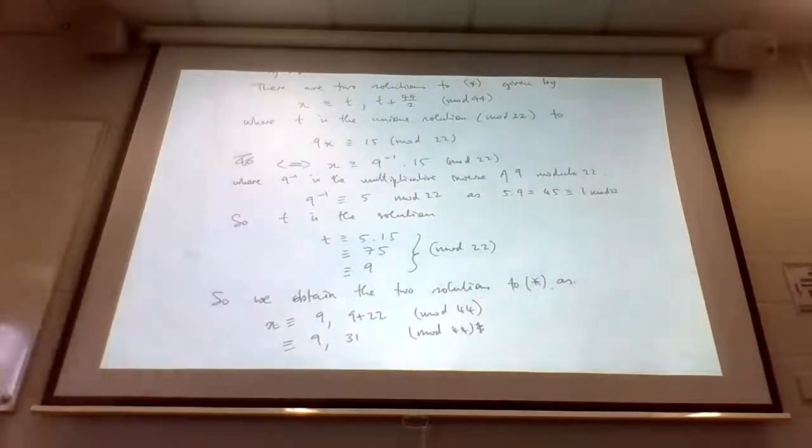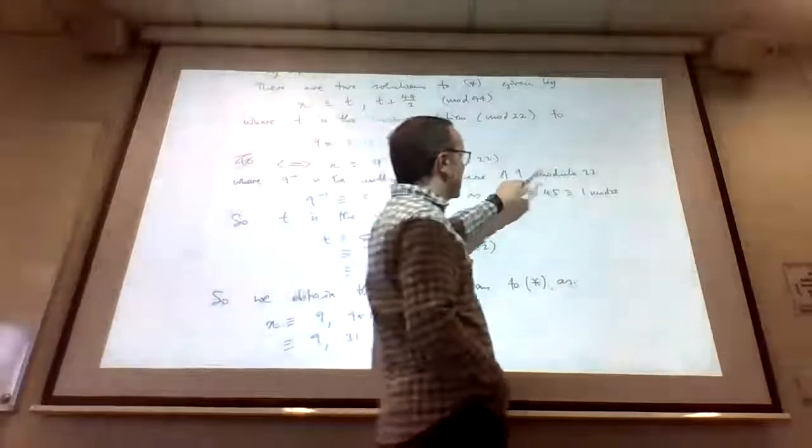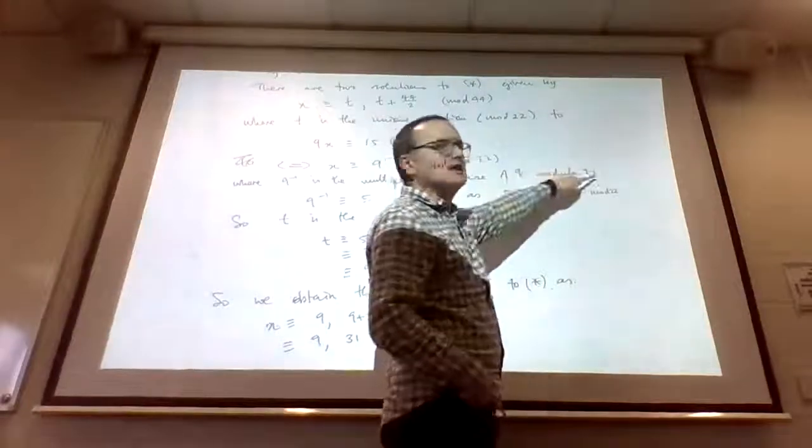Whatever the coefficient on the 9 is, that will be the multiplicative inverse modulo 45. Sorry, modulo 22. You run the Euclidean algorithm between 9 and 22. So we're looking for the multiplicative inverse of 9 modulo 22.